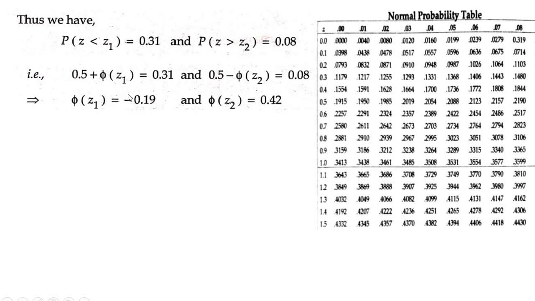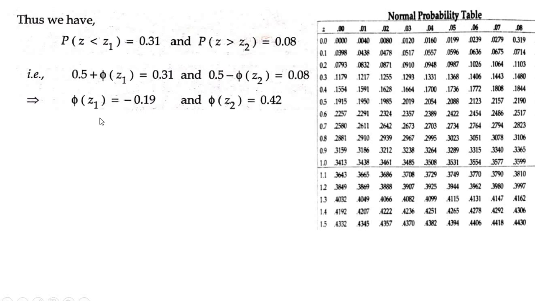For what value of z1 do we get phi of 0.19? Phi inverse of 0.19 we have to calculate. So search here in the table. Which value has 0.19? So 0.19 is for 0.5, right? It begins with 0.19, then the next value is 0.50.